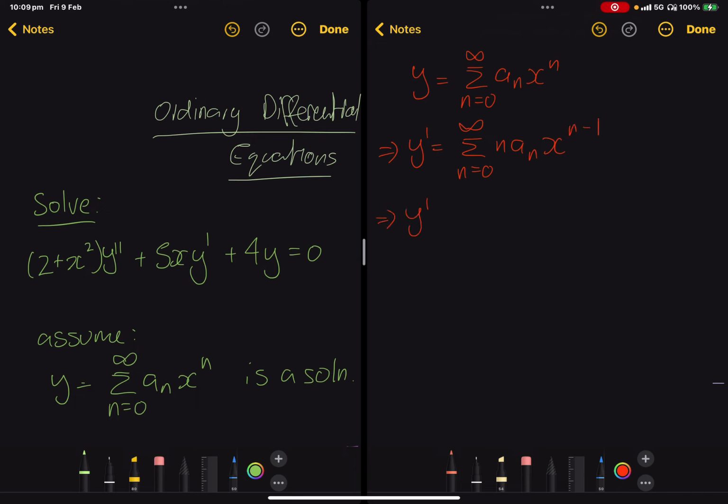And the second derivative is therefore the sum from n = 0 up to infinity of (n − 1) n aₙ xⁿ⁻². I'm going to expand the brackets in this expression. So over here, this is 2y'' + x²y'' + 5xy' + 4y = 0.